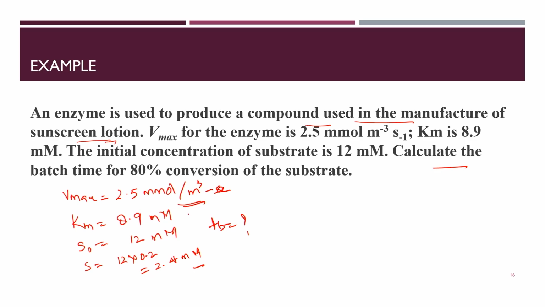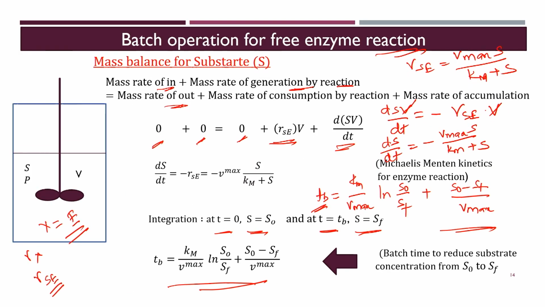Now, we can convert this into millimole per hour. What you have to do is, this will be 2.5 meter cube into 1 upon 1000 into liter, and the seconds will be 3600. So, we will be having 9 millimole per hour. Now, for TB we can directly apply the equation which we discussed for simple enzyme kinetics, because the rate of deactivation kd is not given here. So, we can assume kd as 0.